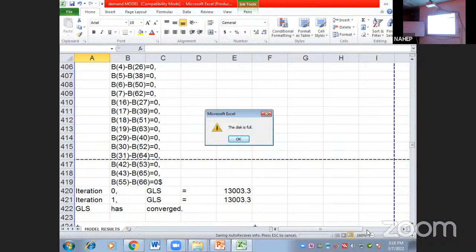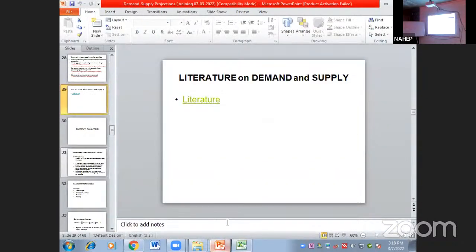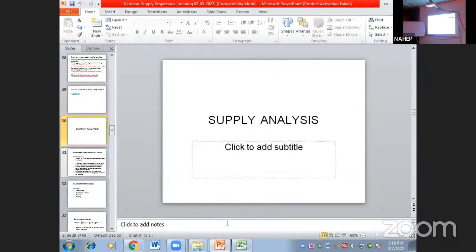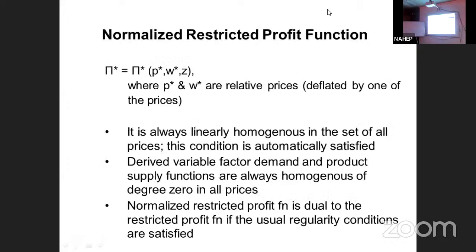We can go to supply. So let's talk about the supply analysis. In the supply analysis, the profit function approach is quite widely used.